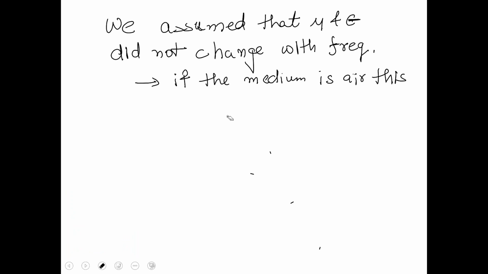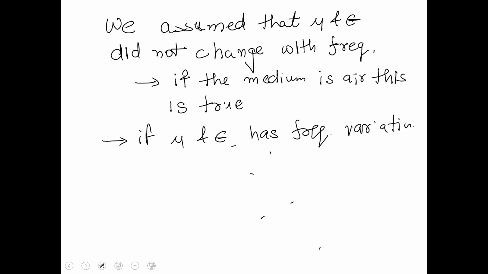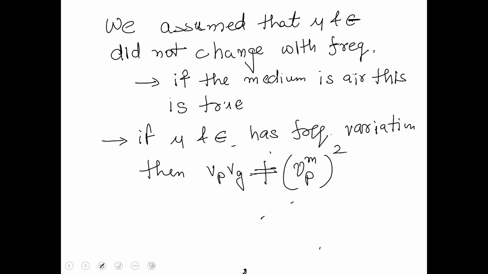However, if you put some other material in, for high frequency waveguides, normally you tend to put Teflon in sometimes, then if mu epsilon has a frequency variation, Vp and Vg will not be equal to V medium square, and that relationship is not true any further.